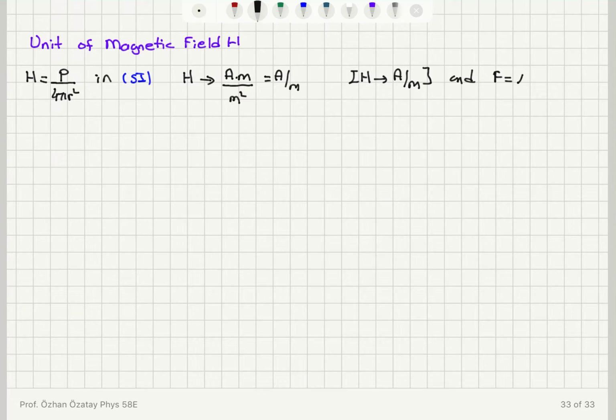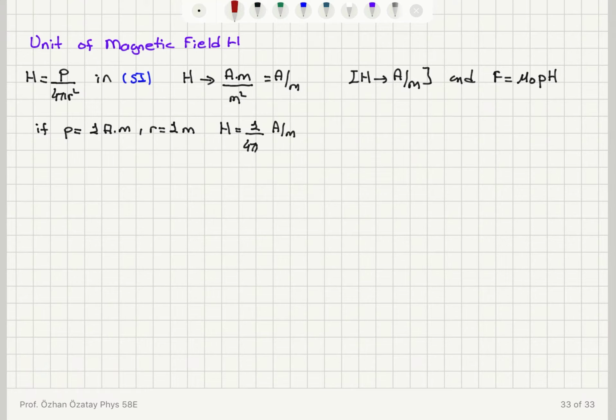And the force when you put a pole in a magnetic field H is mu 0 P H. So if I give some numbers here, if the pole strength is 1 ampere meter, and the radial distance is 1 meter, the magnetic field it creates will be 1 over 4 pi amps per meter.